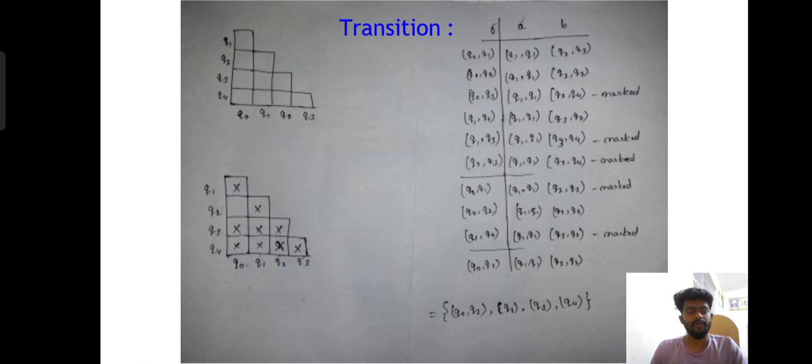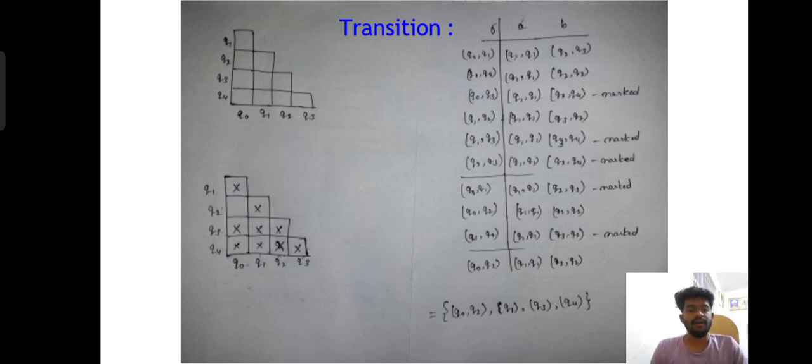Horizontally it starts from Q0, Q1, Q2, Q3, and vertically it starts from Q1 to Q4: Q1, Q2, Q3, Q4.